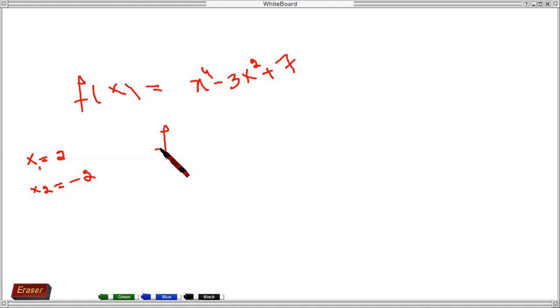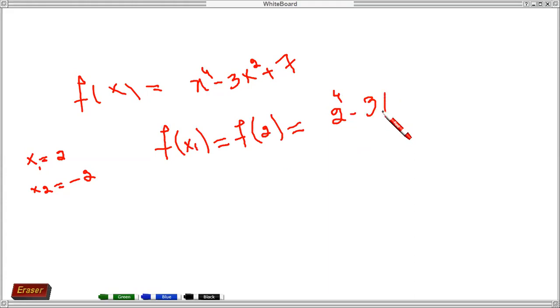Like f of x1, let's suppose first we have x1. What is x1? Actually x1 is 2. So f of 2 is equal to what? 2 power 4 minus 3 multiplied with 2 square, plus 7.